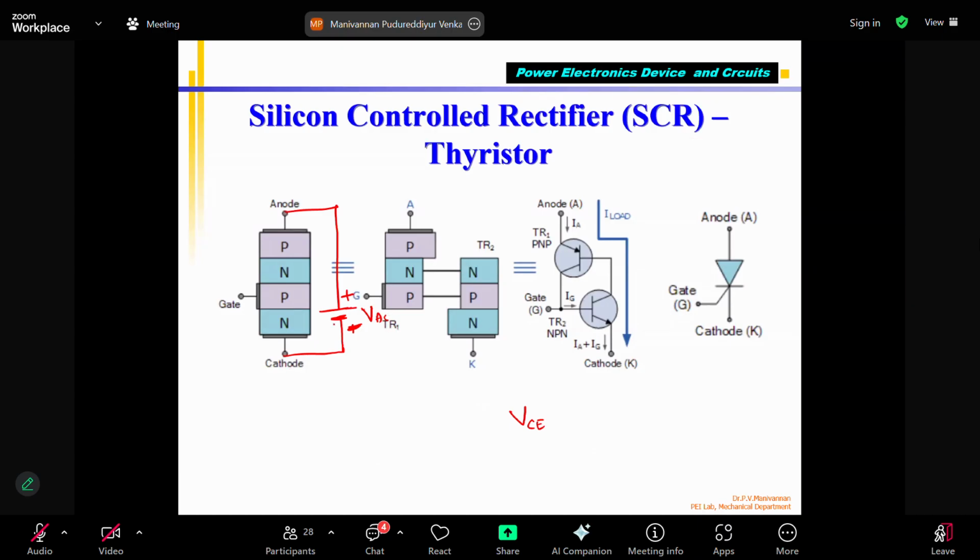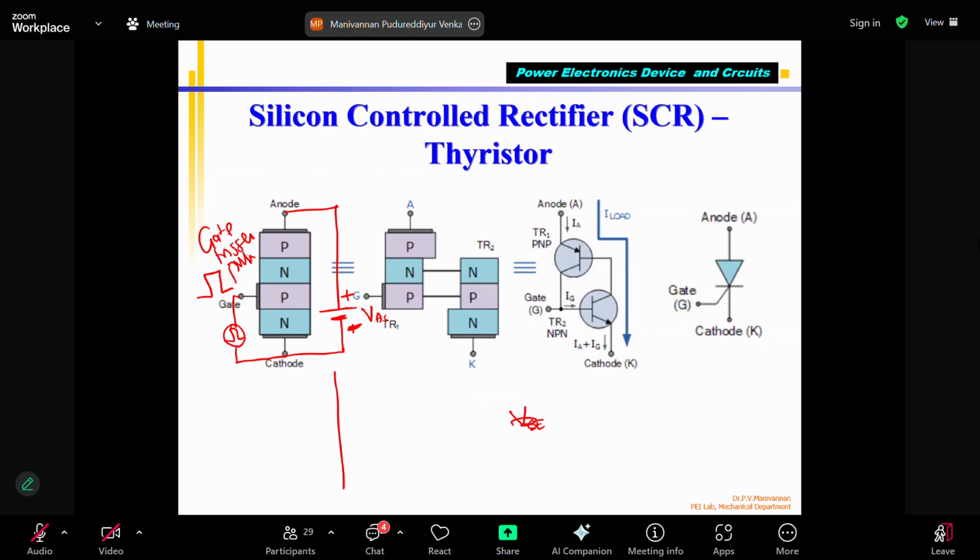Then you need to give another voltage, but not constant voltage, as a pulse between cathode and gate. You have to give a pulse. This is called as gate trigger pulse. You have to supply gate trigger pulse. As I told you, first you have to supply voltage between anode and cathode.